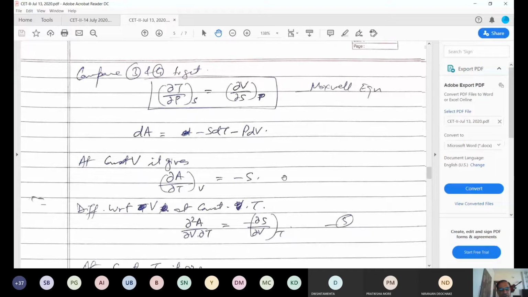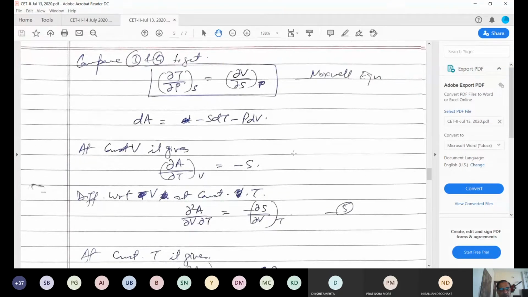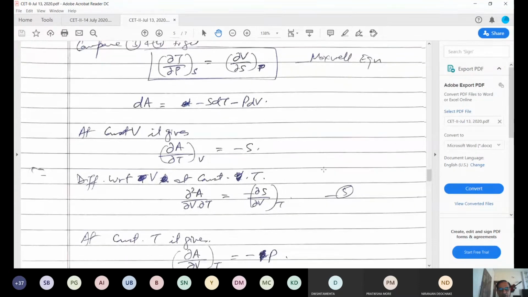Okay, so next is dA is equal to minus SdT minus PdV. So we take at constant volume, dV is equal to 0. What we get is ∂A/∂T from here at constant volume is equal to minus S. Now we differentiate with respect to V at constant temperature.